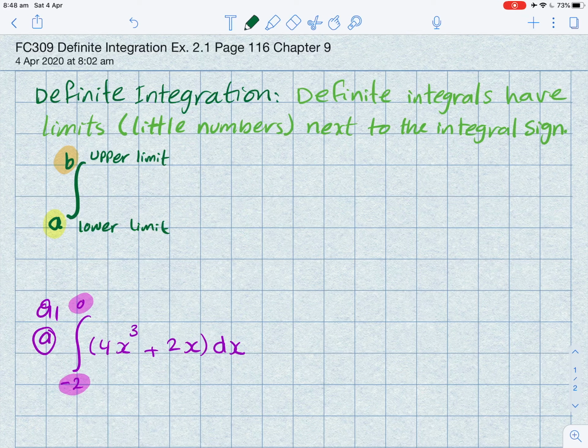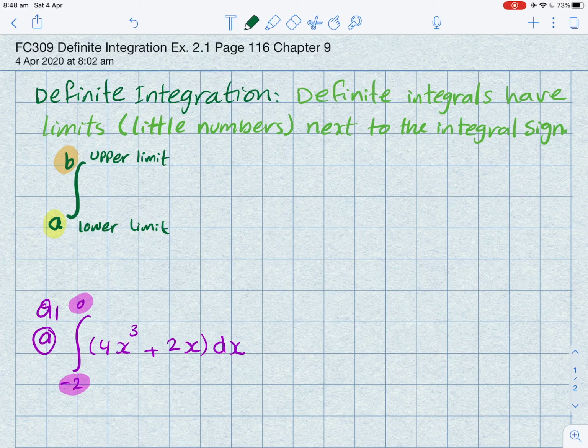In this example, we have a as the lower limit, which I highlighted in yellow, and b is the upper limit, another number at the top. Usually the lower limit is the smaller number and the upper limit is the bigger number. We just write the limits next to the integral. So that's a definite integral.